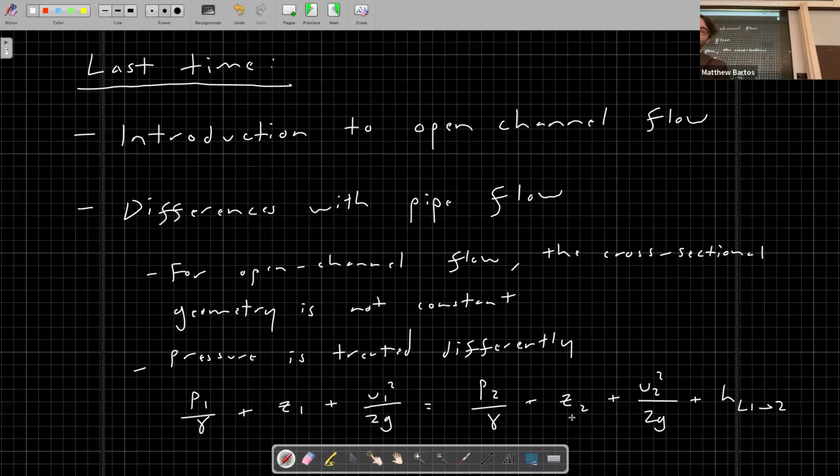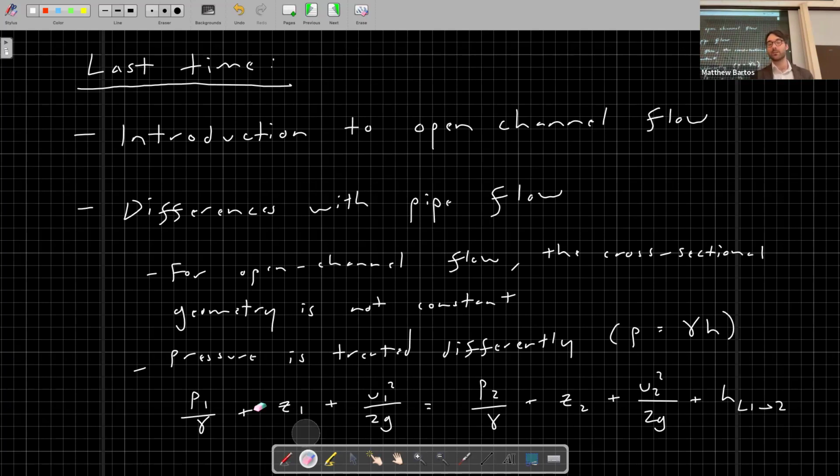Right. So instead of looking at the pressure head, we'll typically be concerned with the depth of flow in an open channel, given the relationship between the hydrostatic pressure and the depth. You'll remember the pressure in a water column is equal to the specific weight of water times the depth.